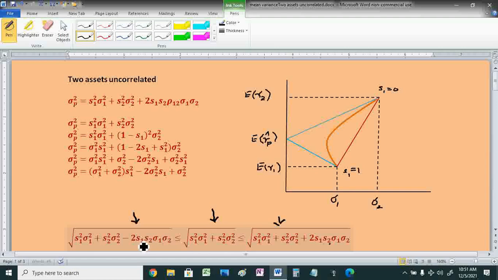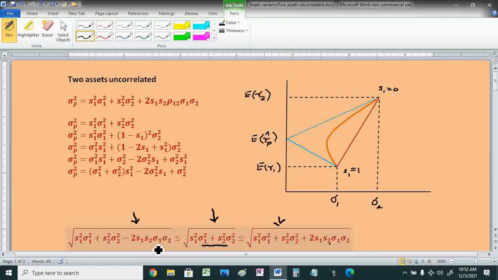These left hand side and right hand side expressions are actually defining the upper and lower limits to the standard deviation. And see that in this case, when we add 2 times S1, S2, sigma 1, sigma 2, we are able to get this right hand side, and if we subtract from this amount 2 S1, S2, sigma 1, sigma 2, we get the left hand side of this equation.